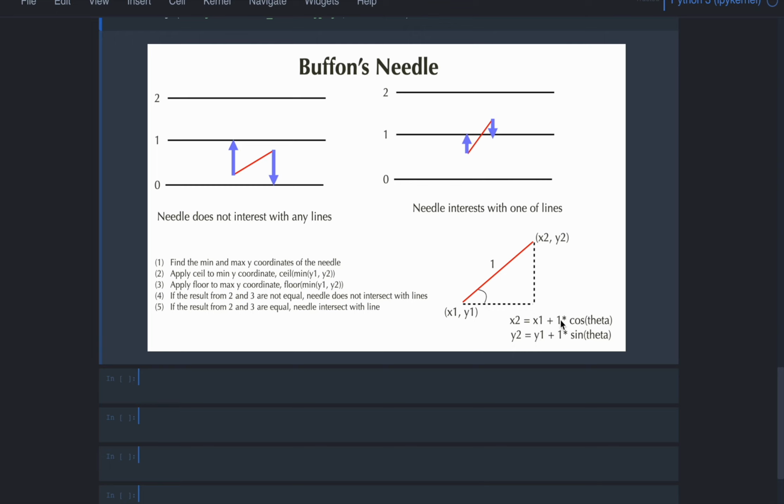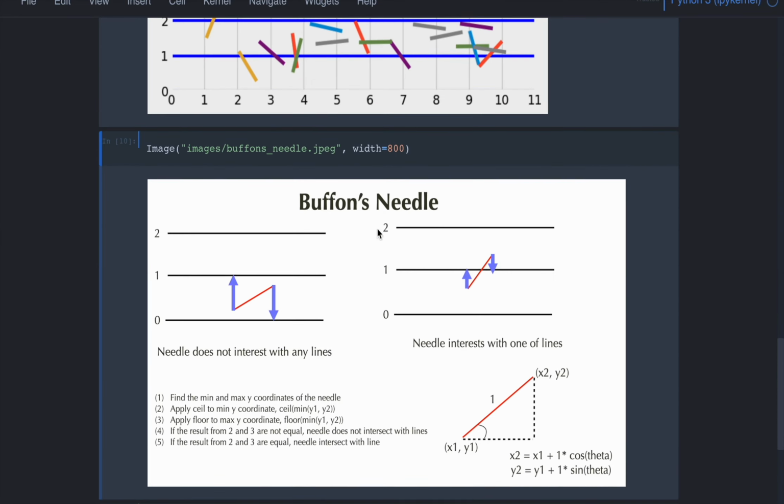This way we already satisfy the constraint that the length of the needle is equal to 1. This is just a convenient way to generate the second coordinates with that constraint.